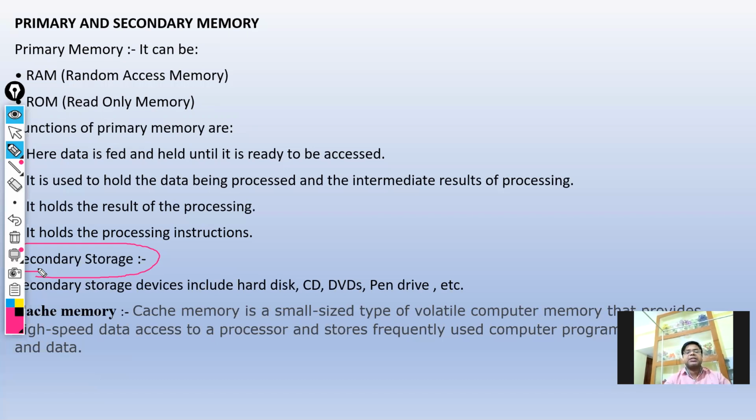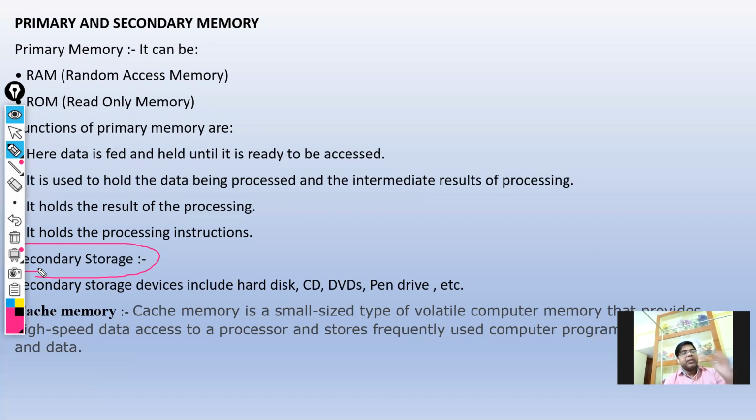In that case, what will I do? Again, I have to draw the picture. But I want this data to be saved in my storage device. Then for doing this, you must go for a secondary storage device.